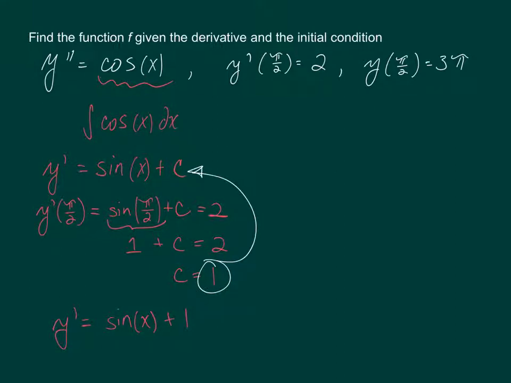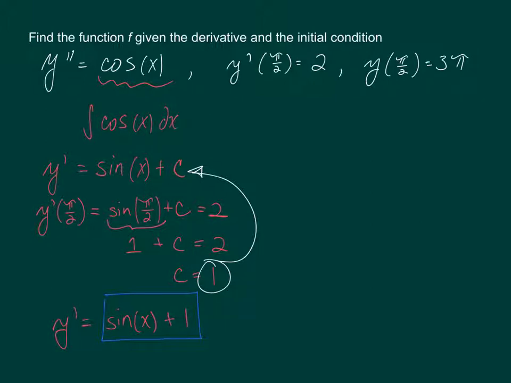All right, so we're still not back to the original function. We have done some work to go from a second derivative to a specific first derivative using this information. But we need to go back and actually find out what y is equal to. So again, we have to figure out the antiderivative of this bit.